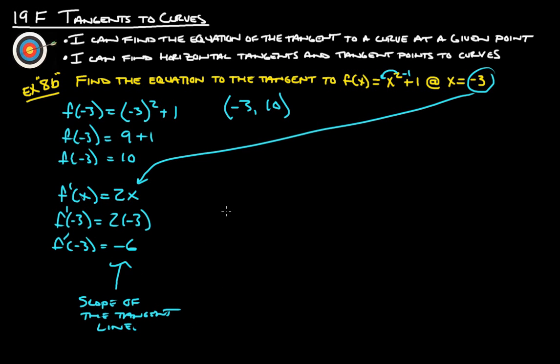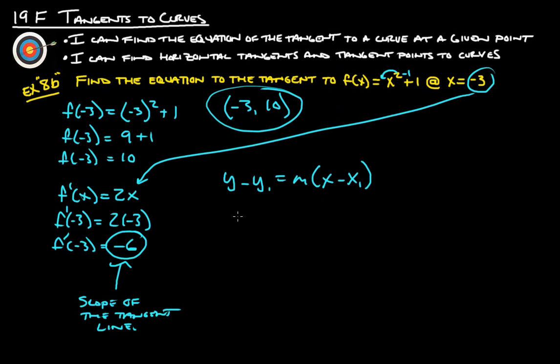Now that we have the slope and a point, we plug that into the point slope formula. y minus y1 equals m times x minus x1. So y minus 10 equals the slope, which is negative 6, times x minus negative 3, which in this case is x plus 3. y minus 10 equals negative 6x minus 18.